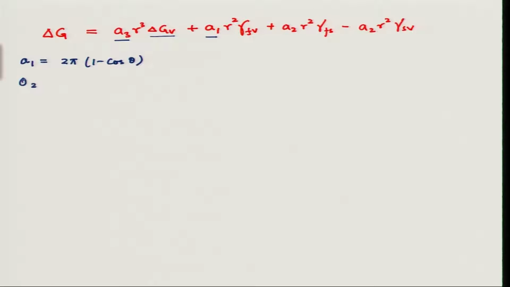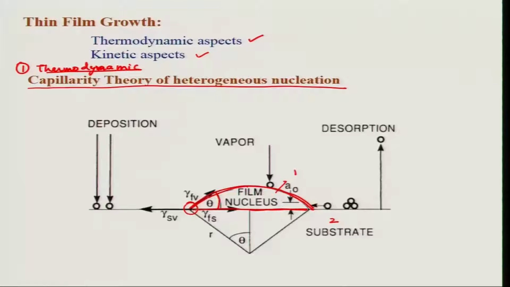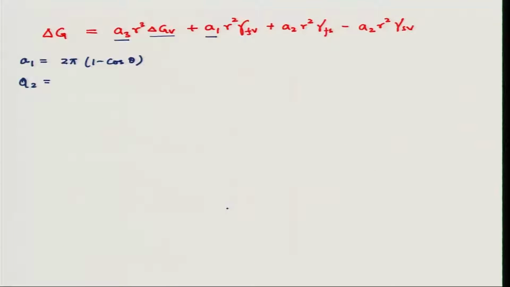A2 is the energy of this interface, okay. So, this is my area of this interface. Now, if you see here, I have A2 at 2 points, right. So, this interface is being formed and A2 will be given by pi sine squared theta, okay.